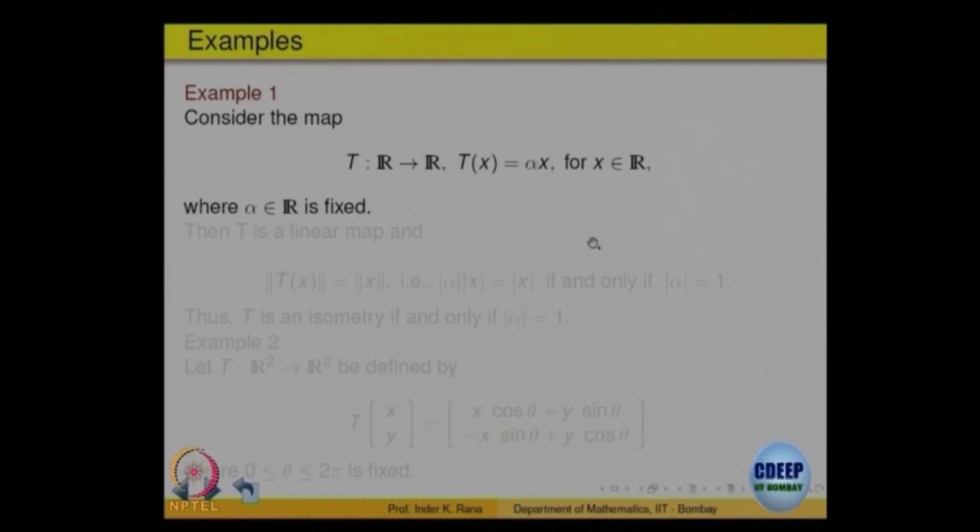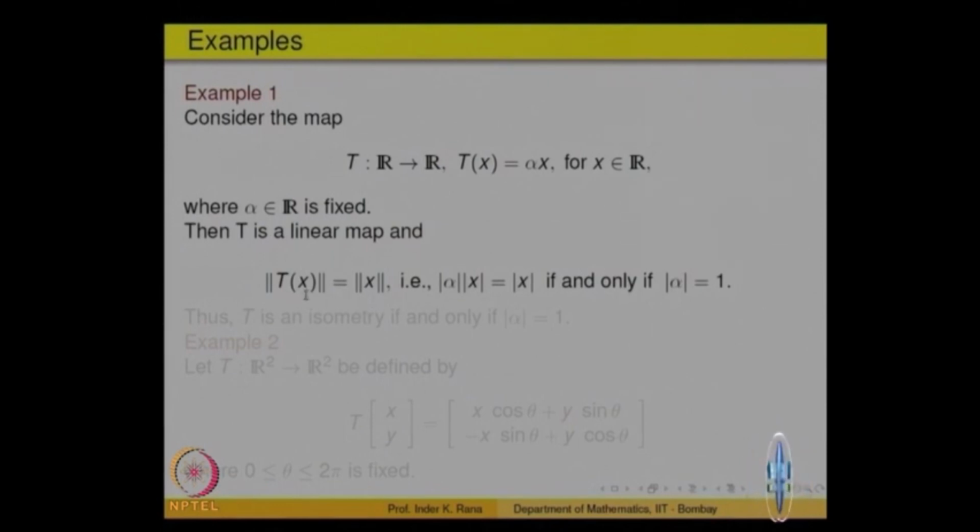We want to find out for what alpha it is an isometry. So, if it is an isometry, what should happen? Norm of Tx must be equal to norm of x, but what is Tx? That is alpha x. So, you get mod alpha times the absolute value of x must be equal to the absolute value of x, and we want that for all x.